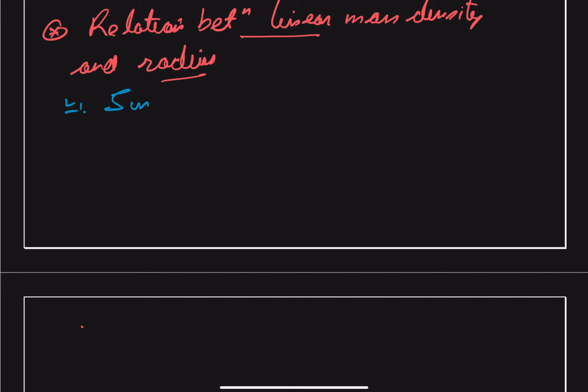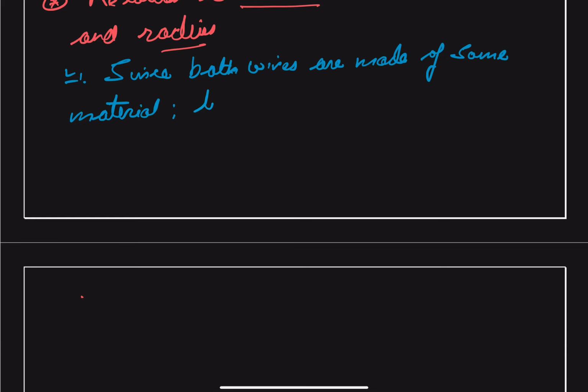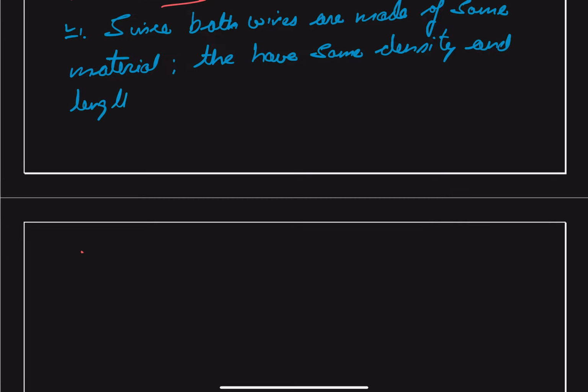Since both wires are made of the same material, they have the same density, and the length of the rods is also given the same. So density will be the same and the length is already given the same.